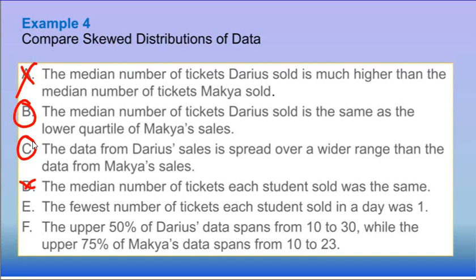The fewest number of tickets each student sold in a day was 1. Letter E, that was true. And letter F, the upper 50% of Darius' data stands from 10 to 30, while the upper 75% of Micaiah's data stands from 10 to 23. That is also true. So that is our lesson on comparing sets of data.